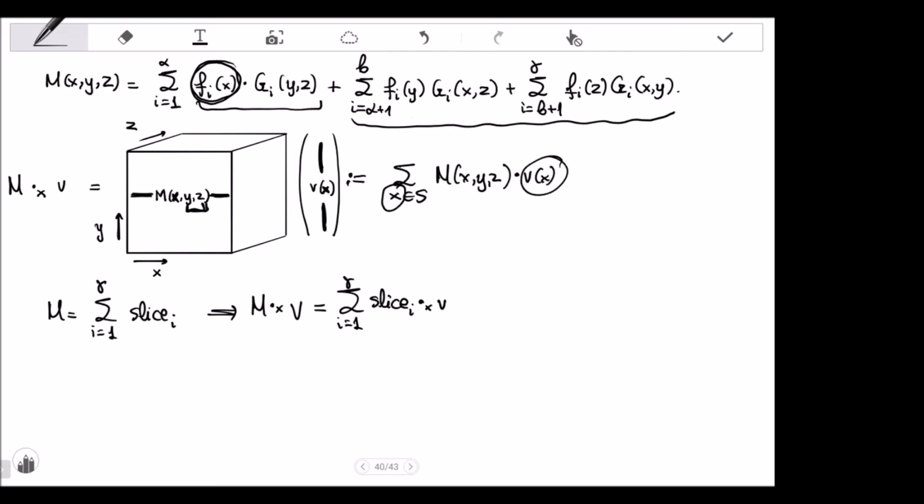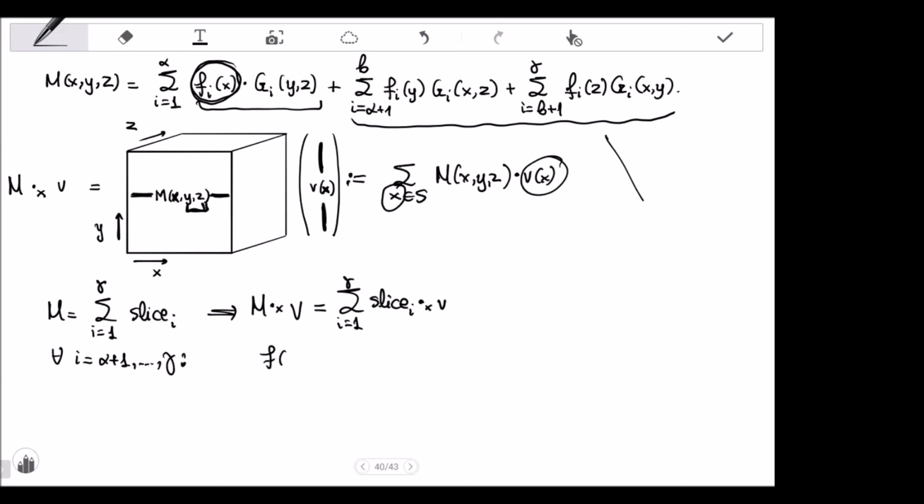So let's take these ones first because they're actually easy. If I take any i from alpha plus 1 up to gamma, I'm interested in slices where the decoupled variable is not x. So let's just take a general situation like this.